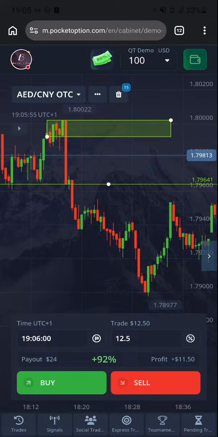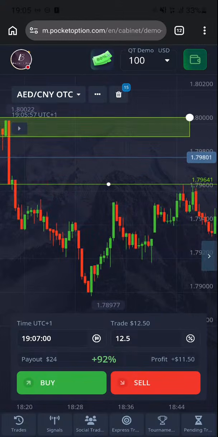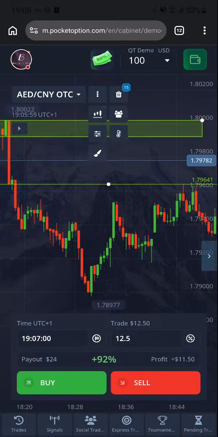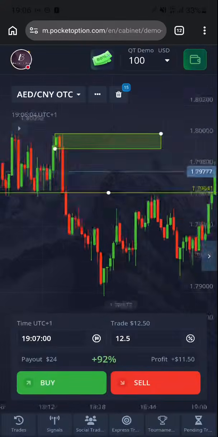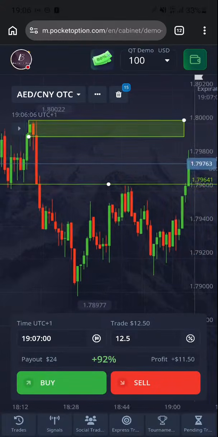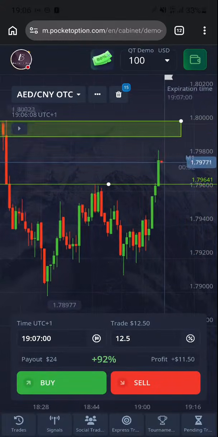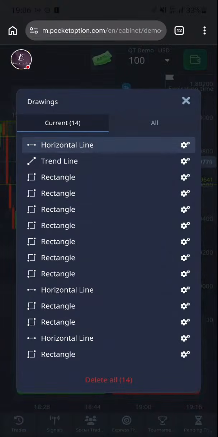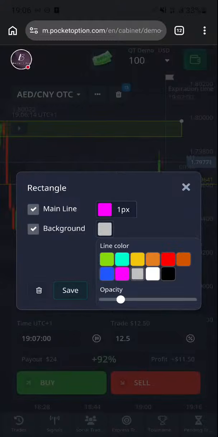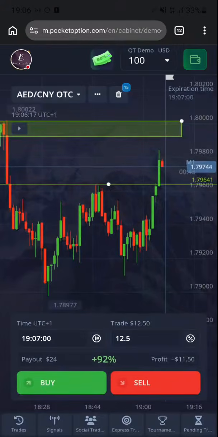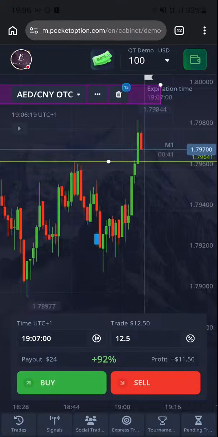If price comes here, we're going to take a trade to the downside. Okay. So this is a kind of supply area in the lower time frame. It's the lower time frame entry. So immediately price comes into this place, we'll take a trade to the downside.